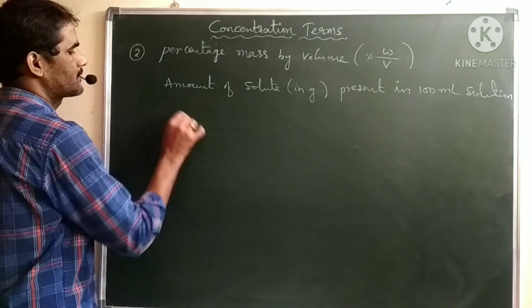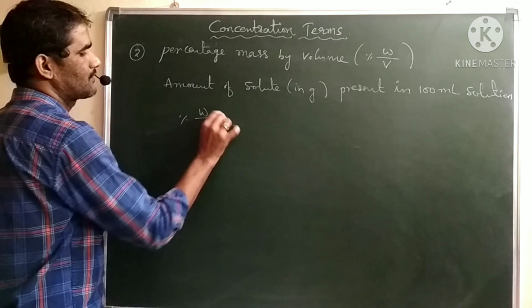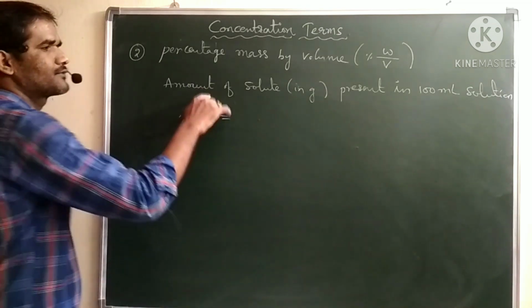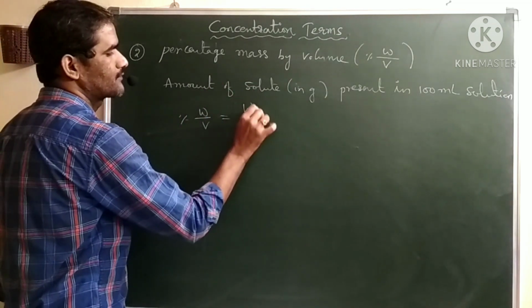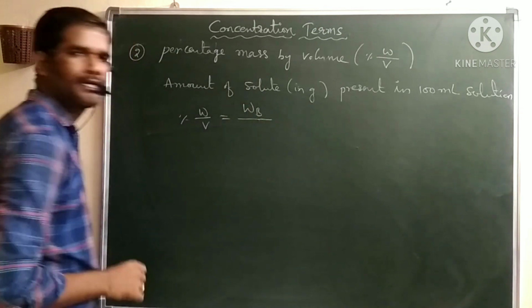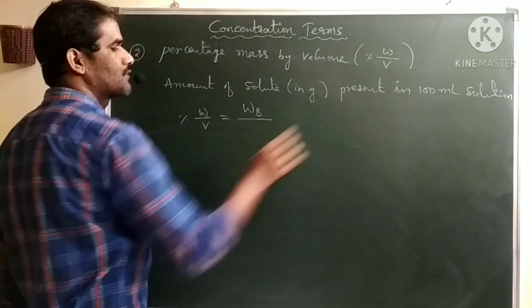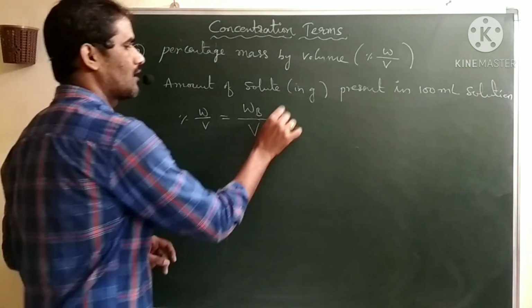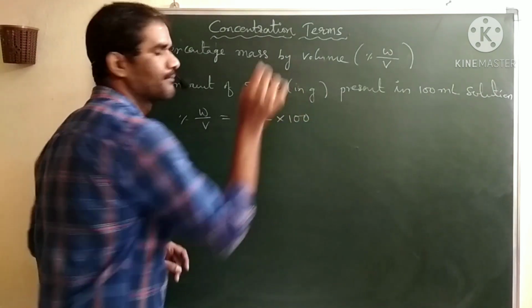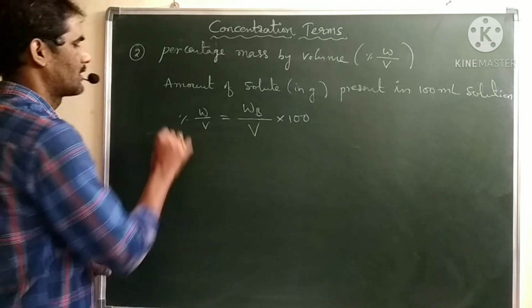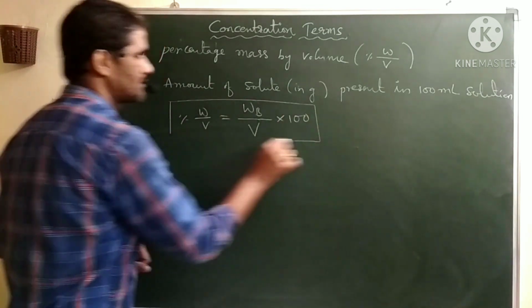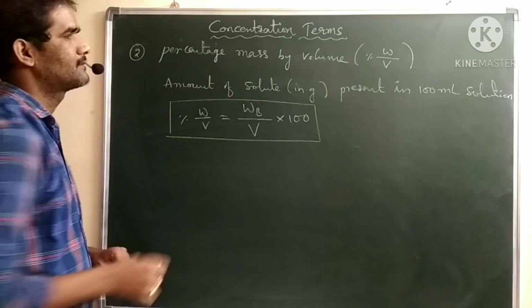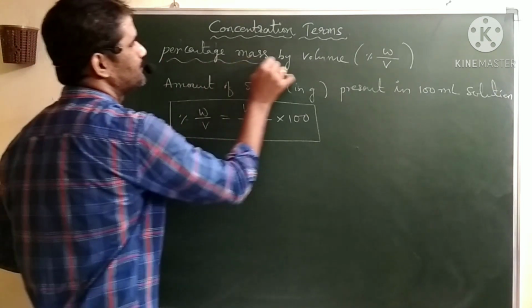Percentage weight by volume is equal to the amount of solute, generally represented with WB, by the amount of solution, that is the volume of solution, V, in 100 ml. So we have taken 100. And this is the formula for percentage mass by volume.